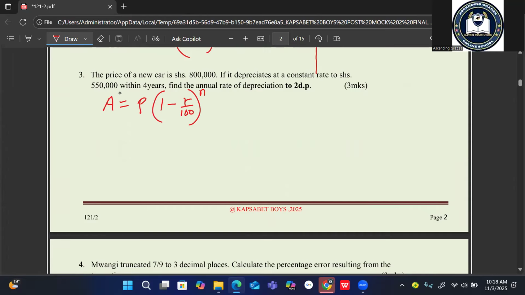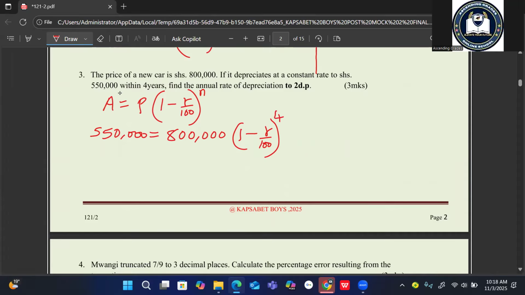So our amount is 550,000 should be equal to, the principal is 800, that is the initial amount is 800,000. We multiply by 1 minus rate, that the one that we are asked to find. Then n, the number of years is 4.